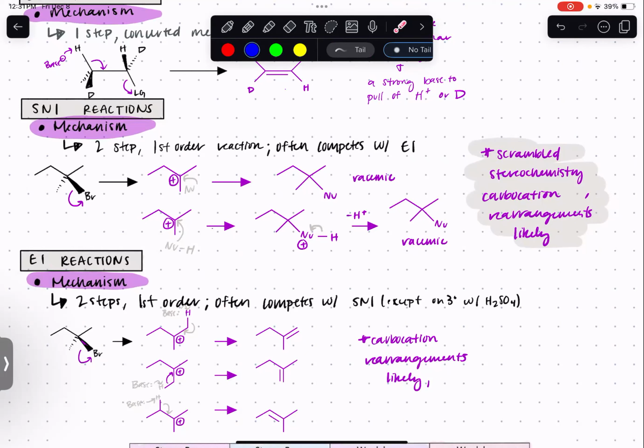So we're not going to get anything with it there, but I do have 2 different examples of ways this can happen, because we can either have it come in with a nucleophile, and the nucleophile just stays as it is, or we can have it come in with a nucleophile that has a hydrogen on it that will actually leave. So depending on what your nucleophile is, it could either look like this, where it just goes in and then stays how it is, or it can go in and then there's an extra step where we have a hydrogen leaving.